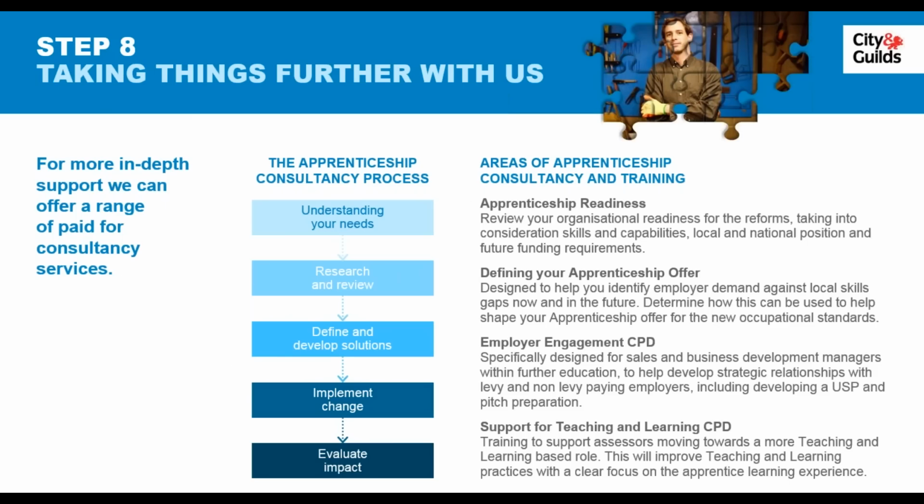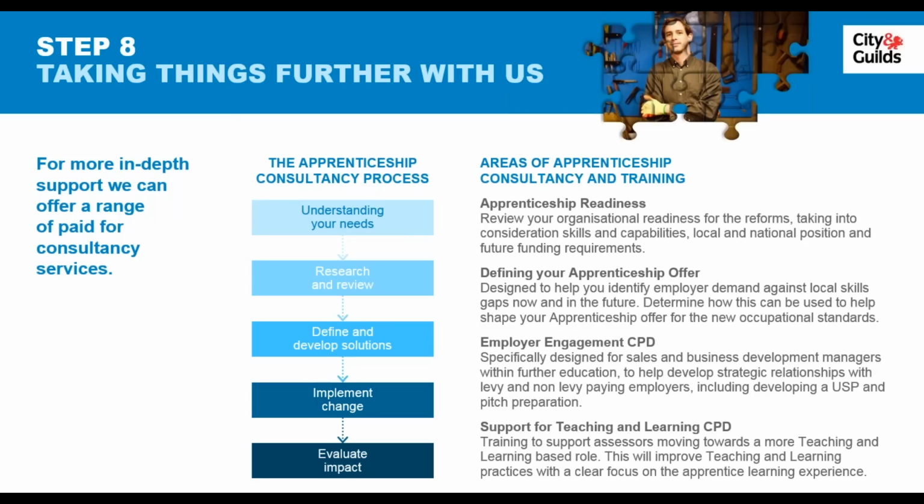So finally, taking things further with us, we've got a whole raft of support that we're offering our providers. We talked a lot about looking at your organisational readiness. This is around helping you understand your current position, where you are at the moment and where you need to be.